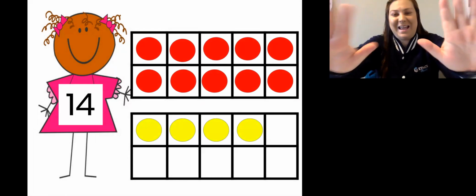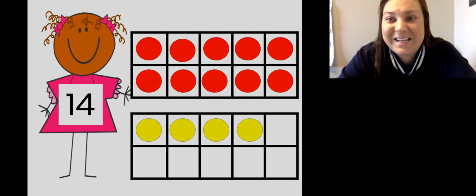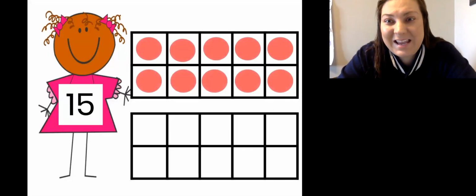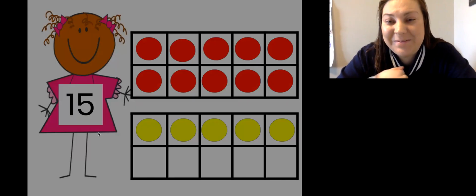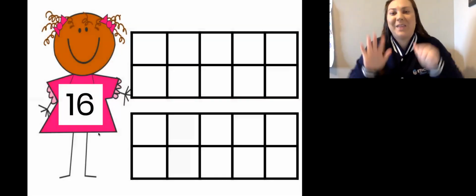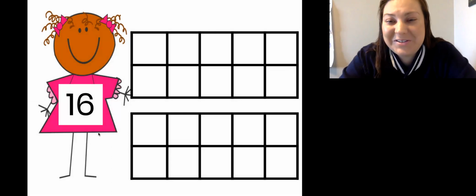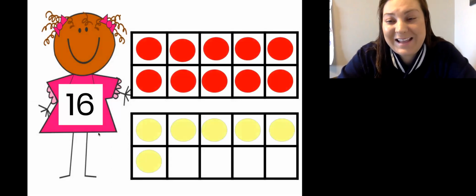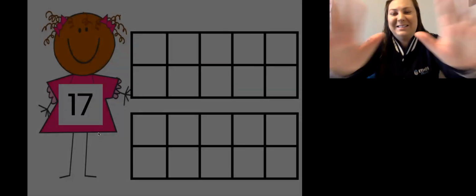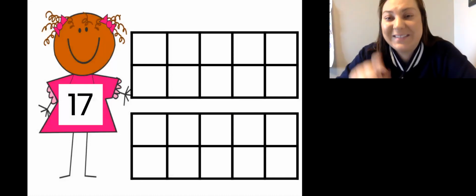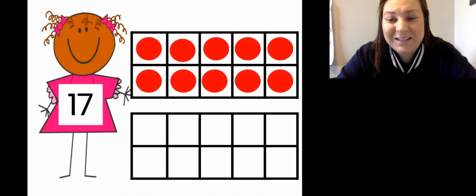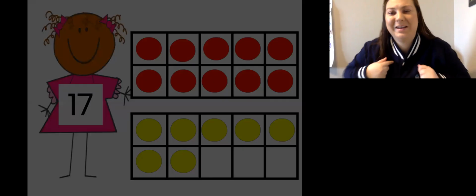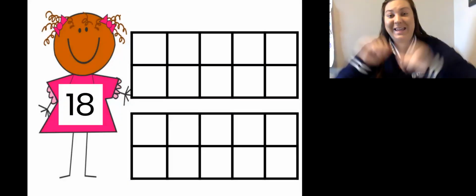My turn. 10 and 5, 15. Your turn. 10 and 5, 15. My turn. 10 and 6, 16. Your turn. 10 and 6, 16. Here we go. 10 and 7, 17. Your turn. All right, here we go. 10 and 8, 18.